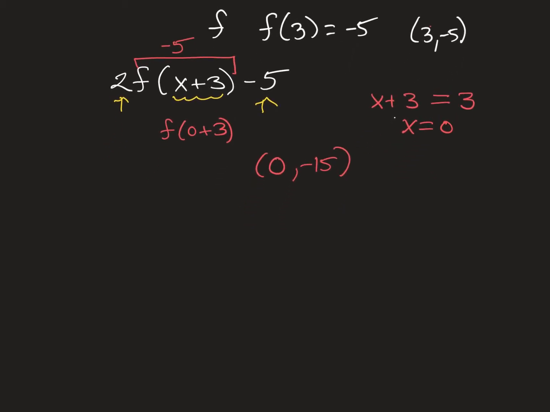What about, let's do something slightly more complicated. Let's do negative 3 f of negative x, plus 4, plus 8. Okay. So again, actually, let me make it a little more interesting.